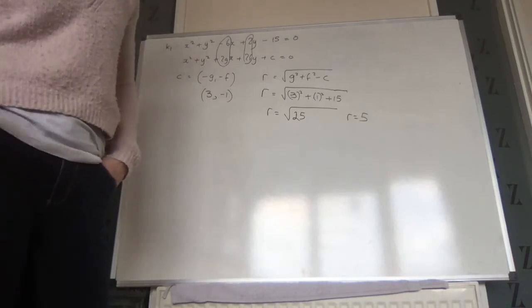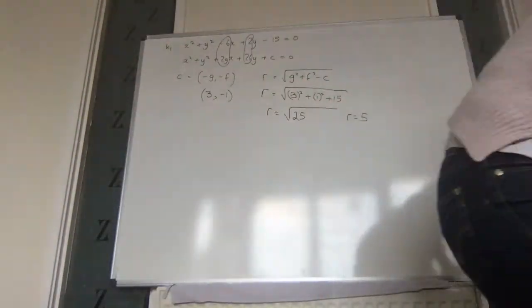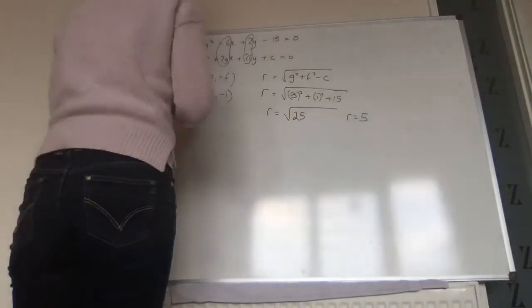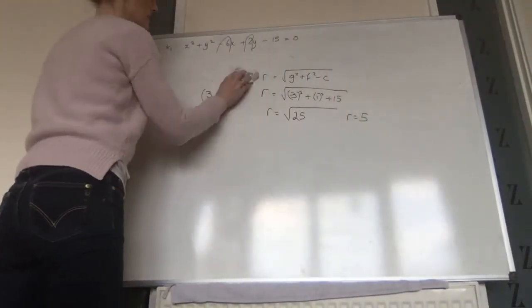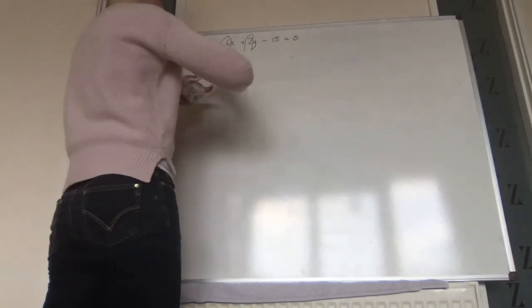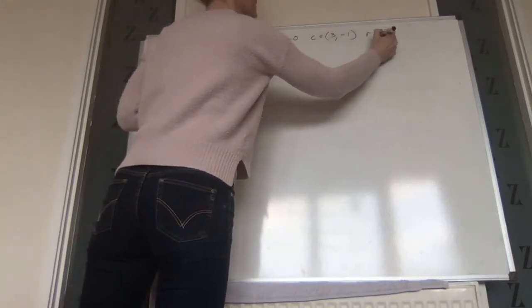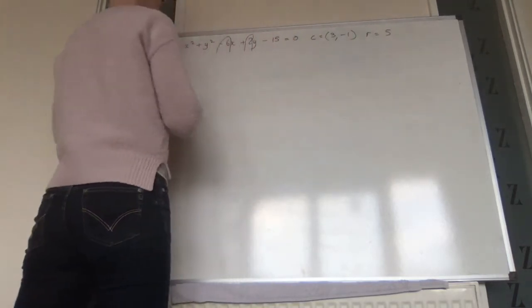Okay, the second bit. The center of that is 3, minus 1, and the radius is 5.